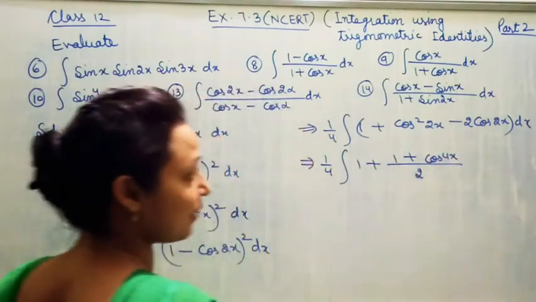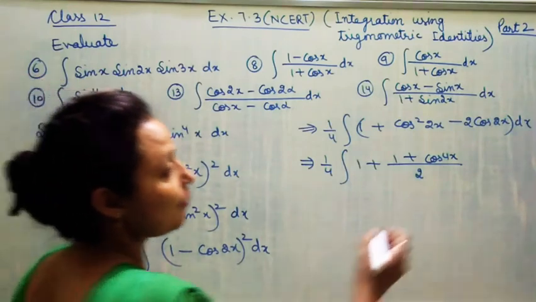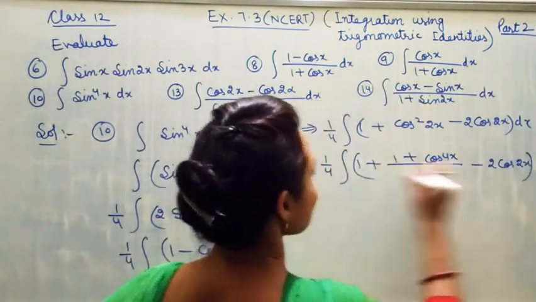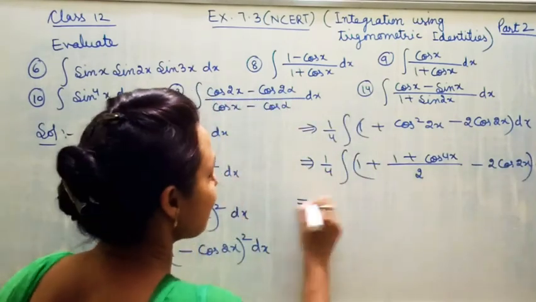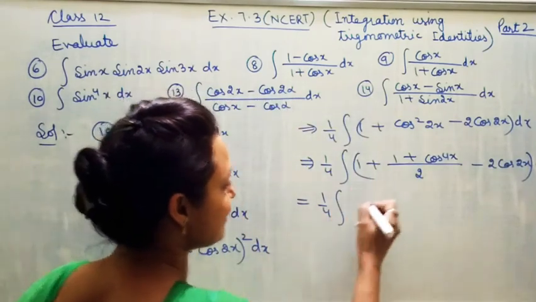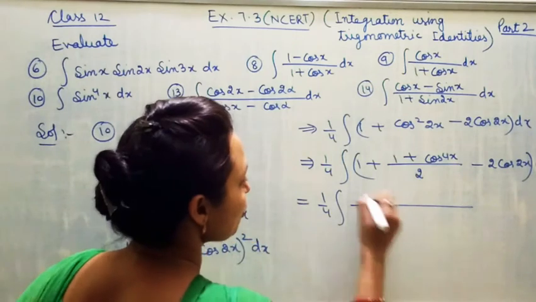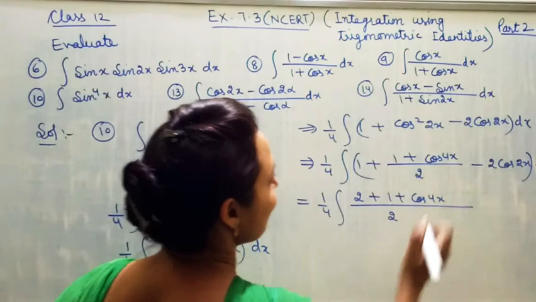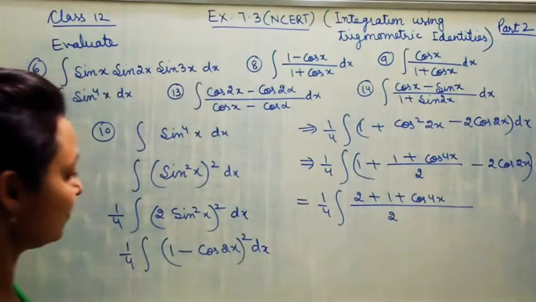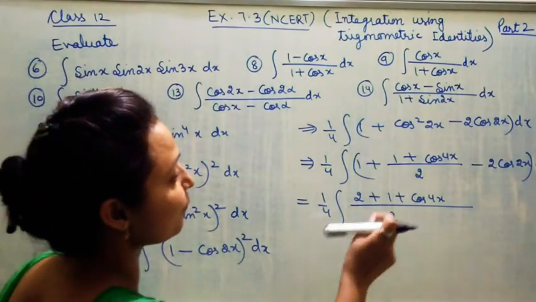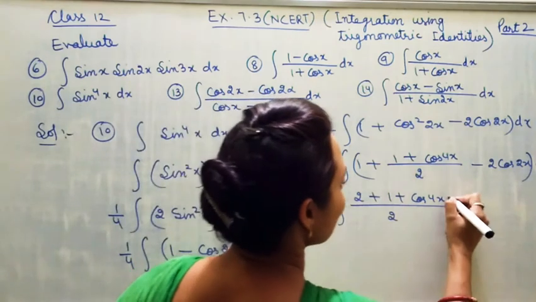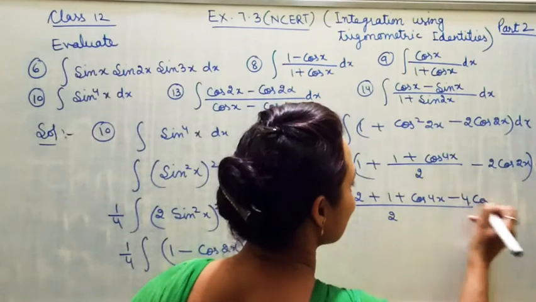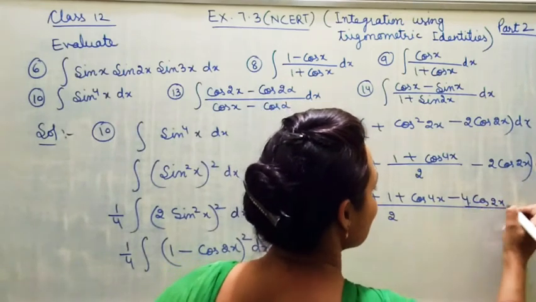Okay, this is 1 plus cos 4x minus 2 cos 2x dx. Okay, how can we solve it? This is 1 by 4 taking the LCM. This is 2 plus 1 plus cos 4x, this 4 to 4, then minus 2 cos 2x, minus 2 times, so I will take it as 4 cos 2x dx.